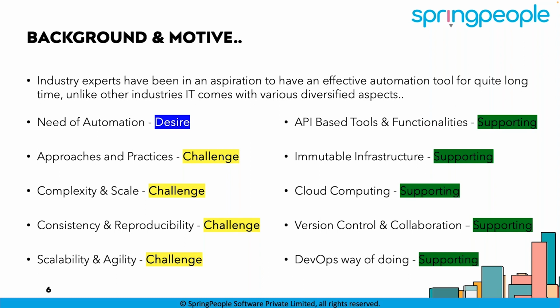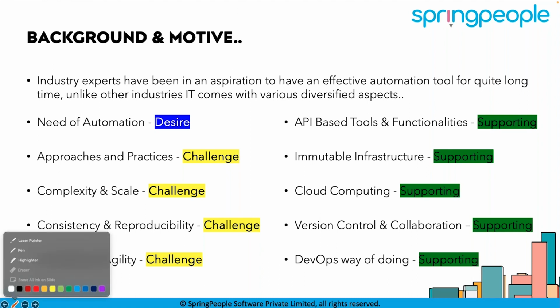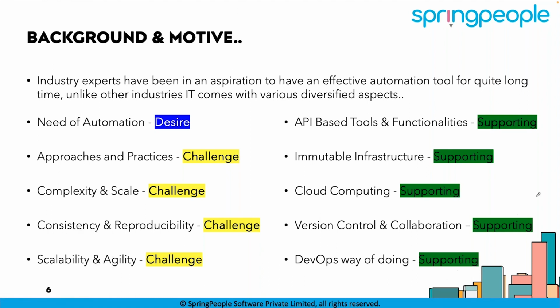So all these things were really adding to the environment for tools like Terraform to be a reality. Otherwise, the absence of any one tool out of these five would have created a vacuum for having such tools in reality today.